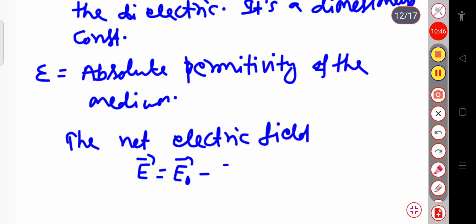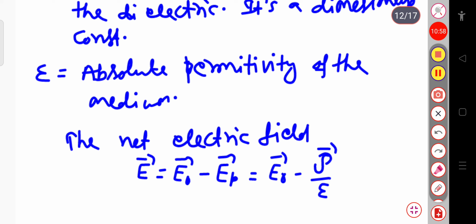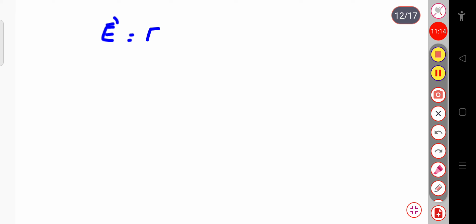Now we can write this as E naught minus, in place of EP, the polarization density divided by epsilon, because you know this EP is sigma P by epsilon, and since P equals sigma P, this will be E naught minus P by epsilon. So E equals E naught minus P, the polarization density, divided by epsilon.